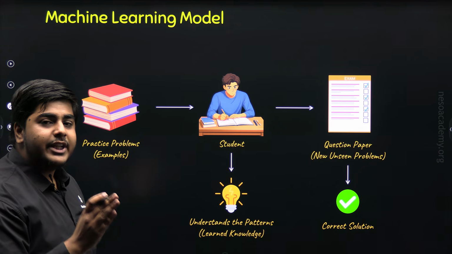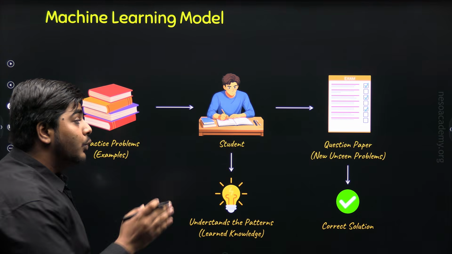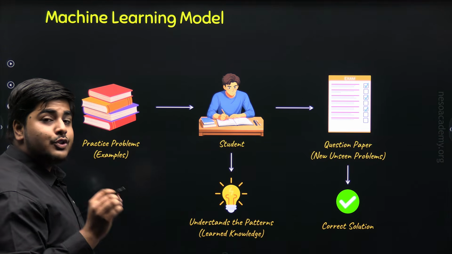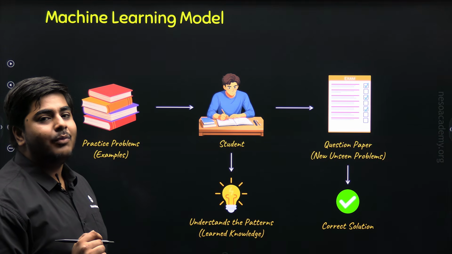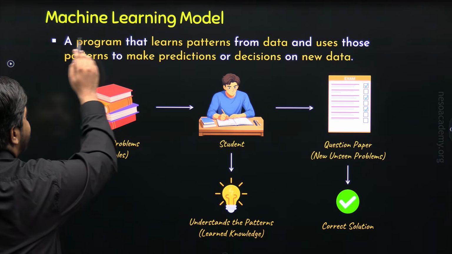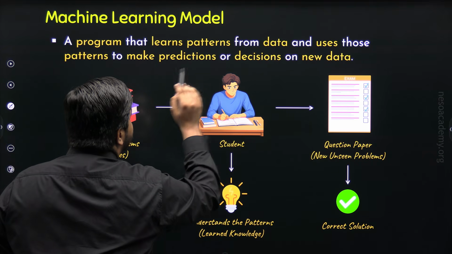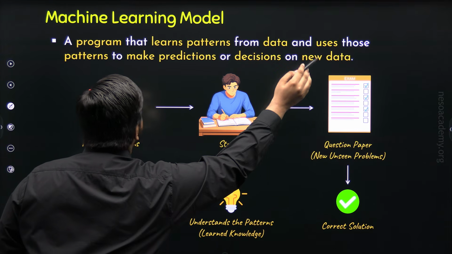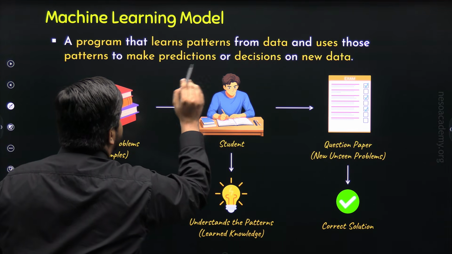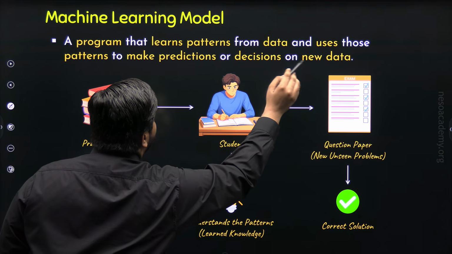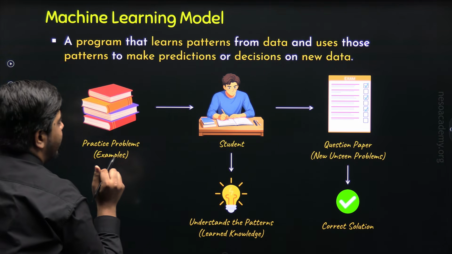And our machine learning model also works the same way. So now we can define our machine learning model. A machine learning model is a program that learns patterns from data and uses those patterns to make predictions or decisions on new data. What does that mean?